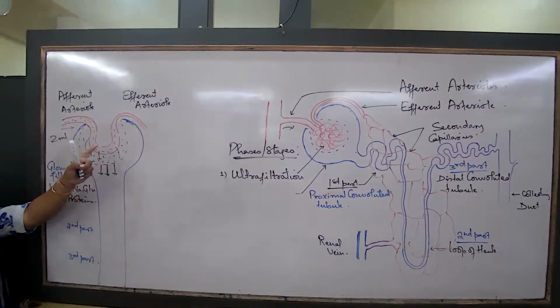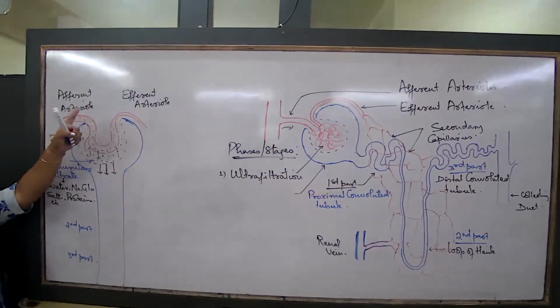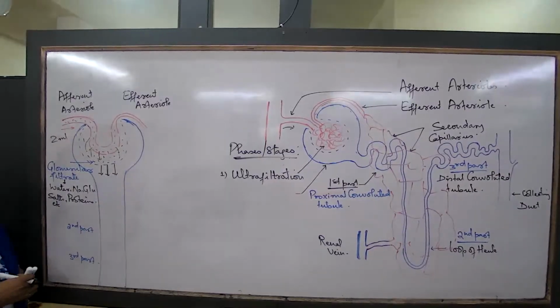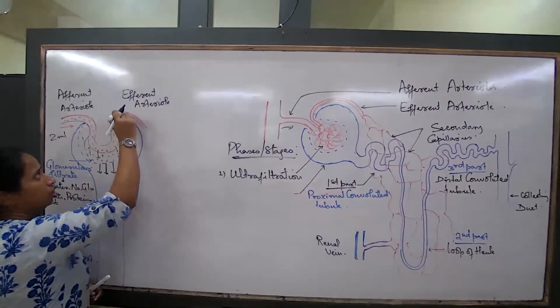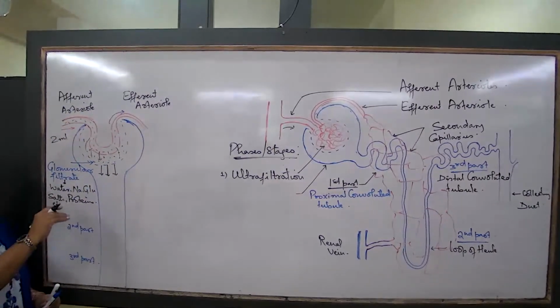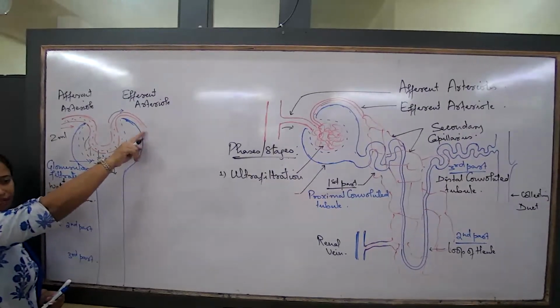So now you tell me, if this is the efferent arteriole, and this is the direction of the flow of the blood, is this blood thick in the efferent arteriole?